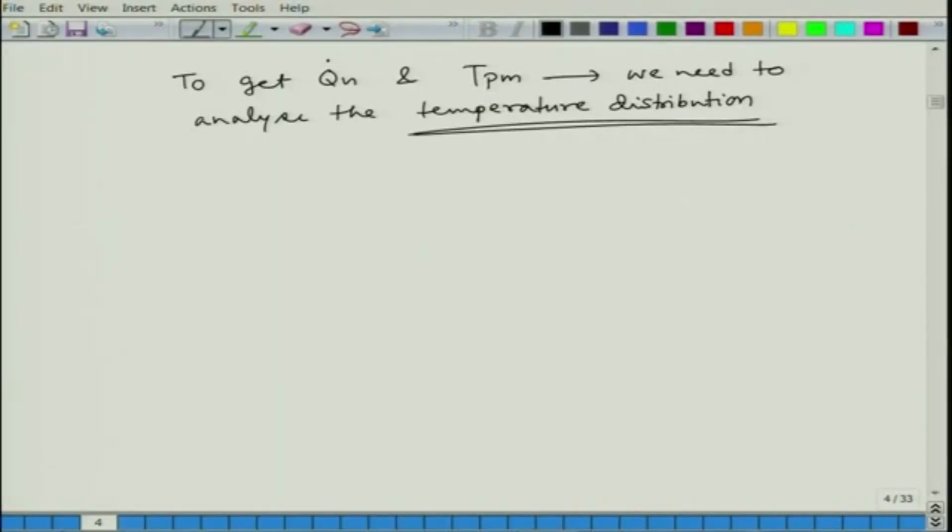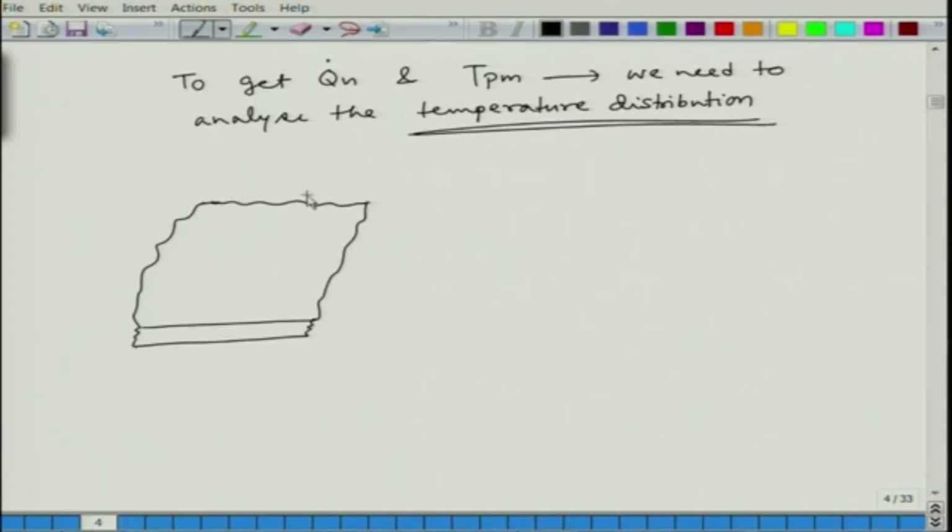Okay. So, now let us take a very crude schematic of a flat plate. We are not drawing it completely, just looking at a portion of a flat plate, or absorber plate, I would say.